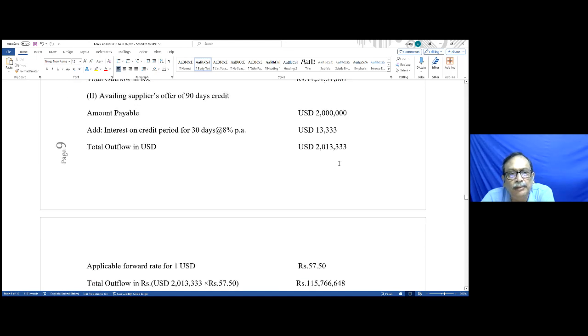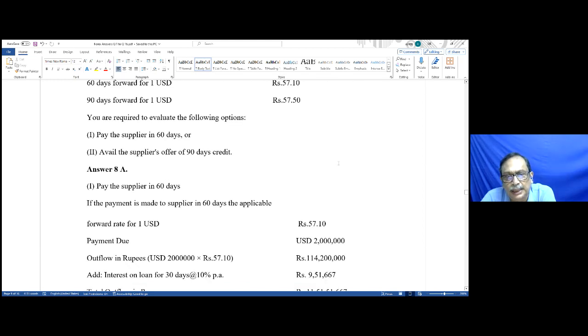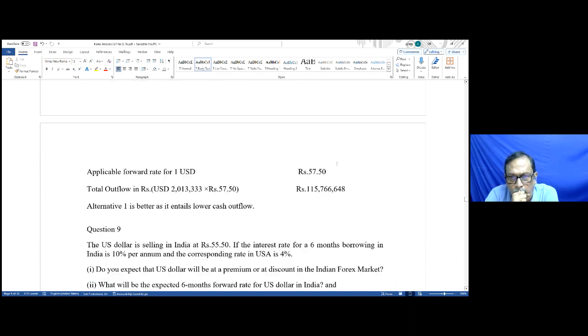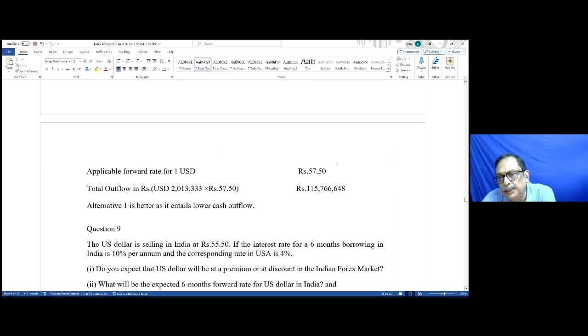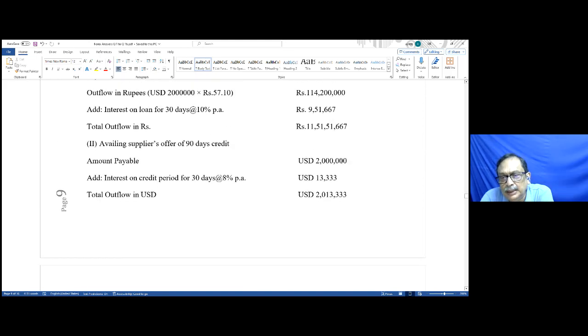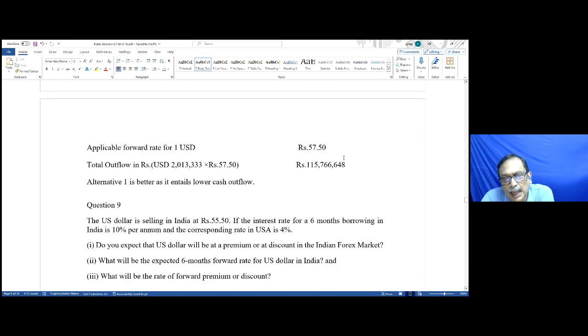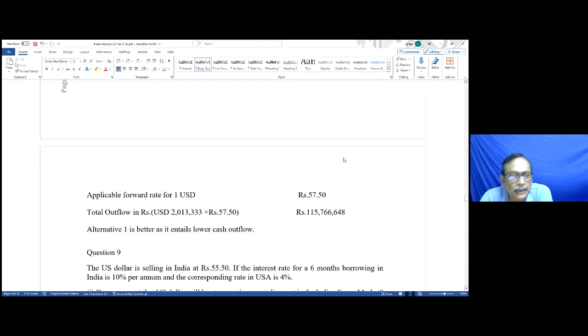The applicable rate, that is 90 days forward for 1 USD, is rupees 57.50. Then total outflow will be US dollar 20,13,333 into rupees 57.50. So total outflow in rupees comes to 115,766,648. Alternative one is better as it entails lower cash outflow.